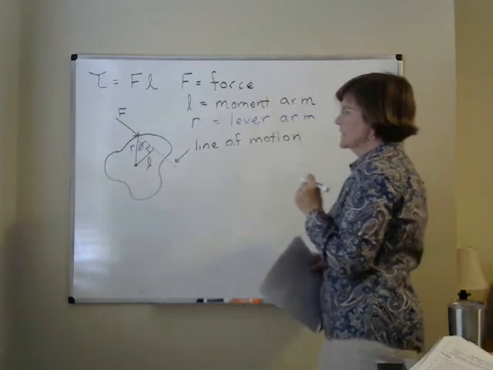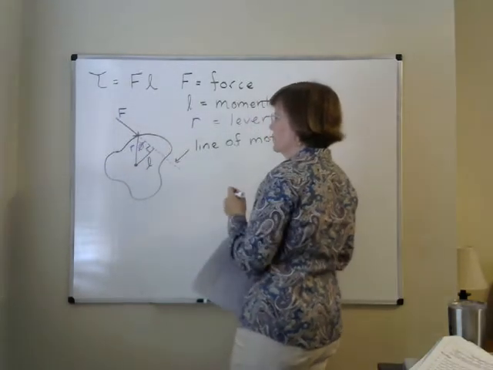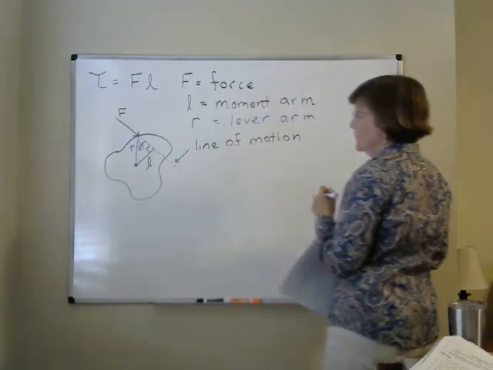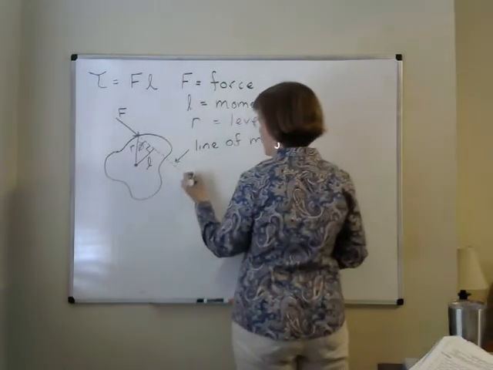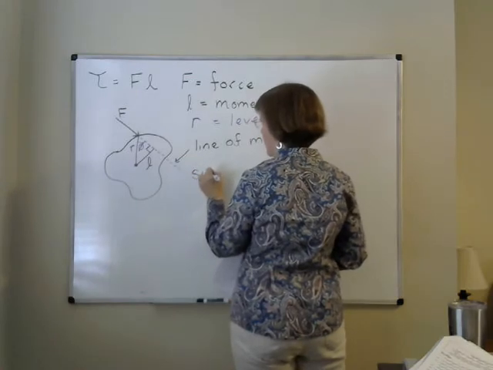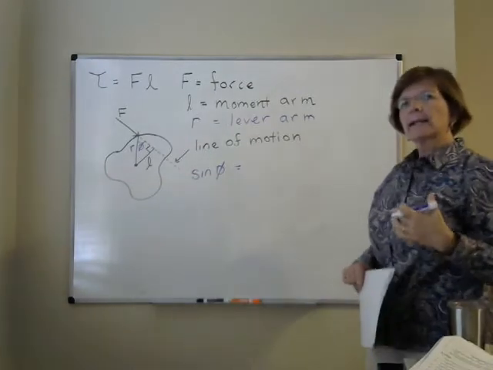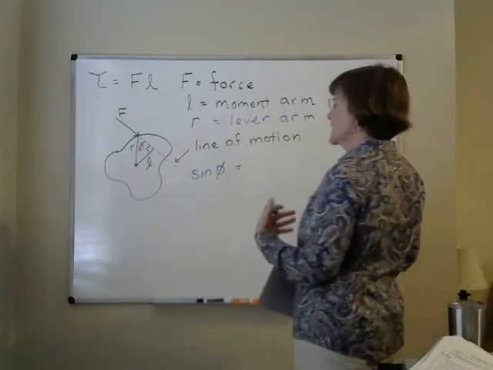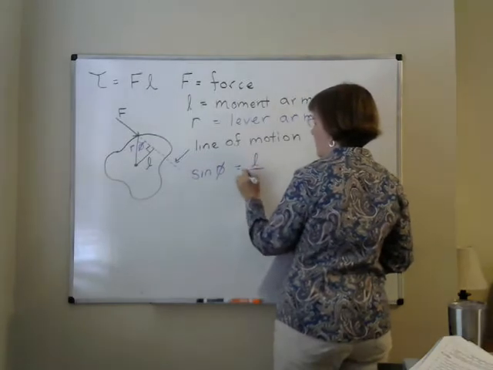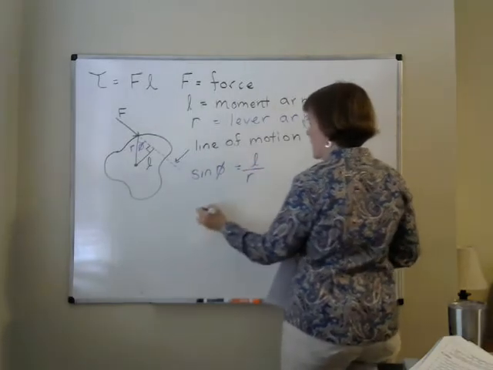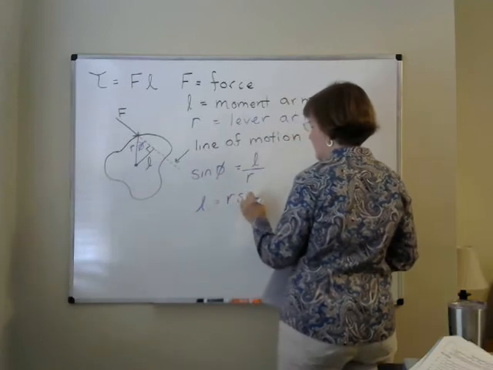If I want to get L, look at this right triangle here. Let's use the trig function for sine. Sine phi, remember, sine is opposite over hypotenuse, so in this case, opposite would be L, the hypotenuse would be R, and we realize that L is equal to R sine phi.